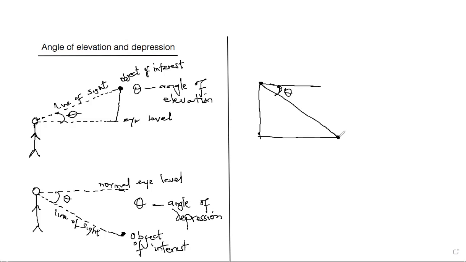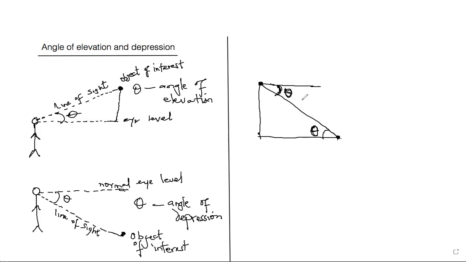If we switch around and your object of interest is now here, and your eye is now here, then you look at that object with an angle of elevation equal to theta. But if the object of interest is here and your eye level is here, then you look at that with an angle of depression equal to theta.